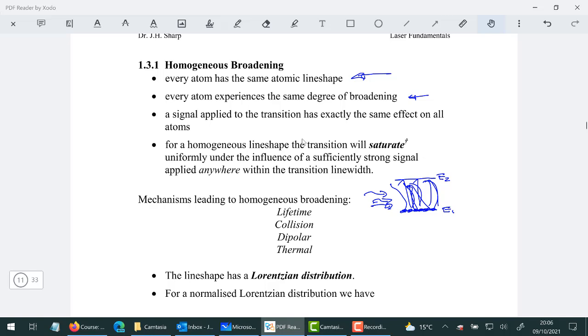We'll have moved all of the atoms from level 1 up into level 2. So what does that mean?